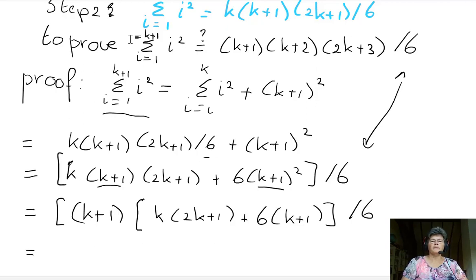So k plus 1 is also done. This one is done and this one is done. We have the same issues there and there. So now I have only this small part in the middle left, and I'd like to have this one in the same shape as (k plus 2) times (2k plus 3).